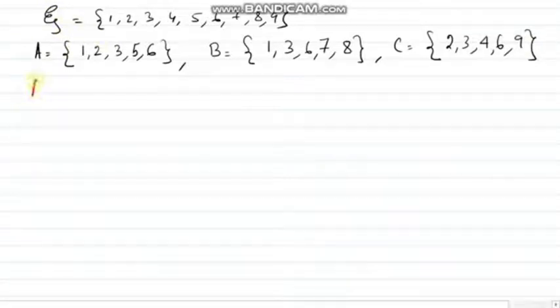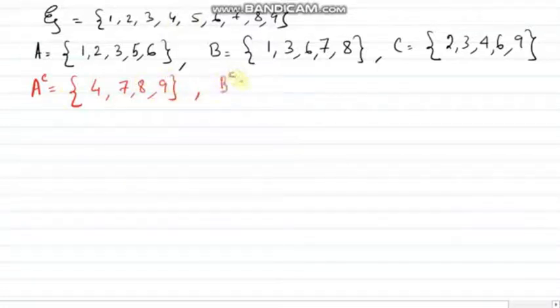Now if I write A complement, from epsilon I will subtract A. Whatever element is there in A, I am not going to take it. So 1, 2, 3, 5, 6 leaving, we can take 4, 7, 8, 9, that is A complement, right?